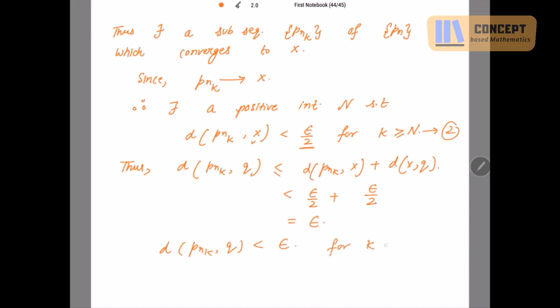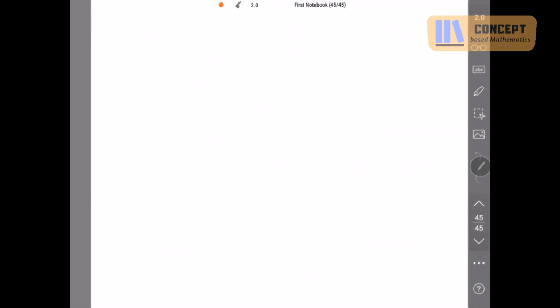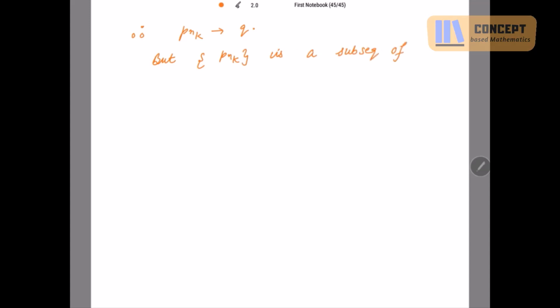For k greater than or equal to N. But epsilon was arbitrary. What we got? Whenever this distance is less than epsilon, that means Pnk is converging to Q. Therefore, Pnk is converging to Q. But Pnk is a subsequence of Pn.